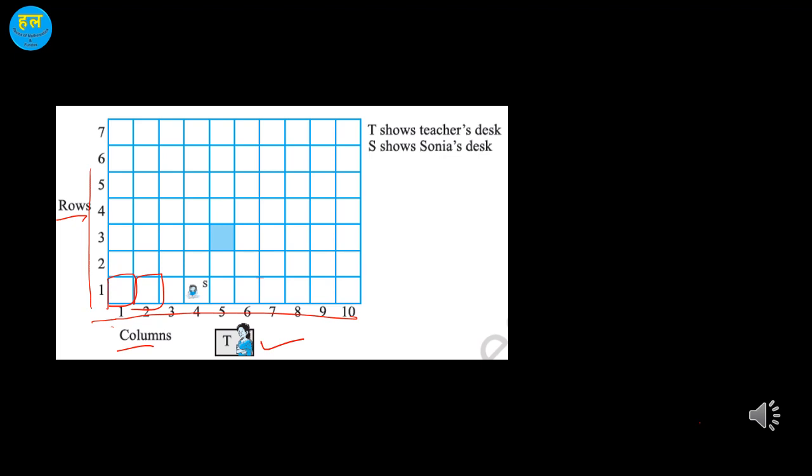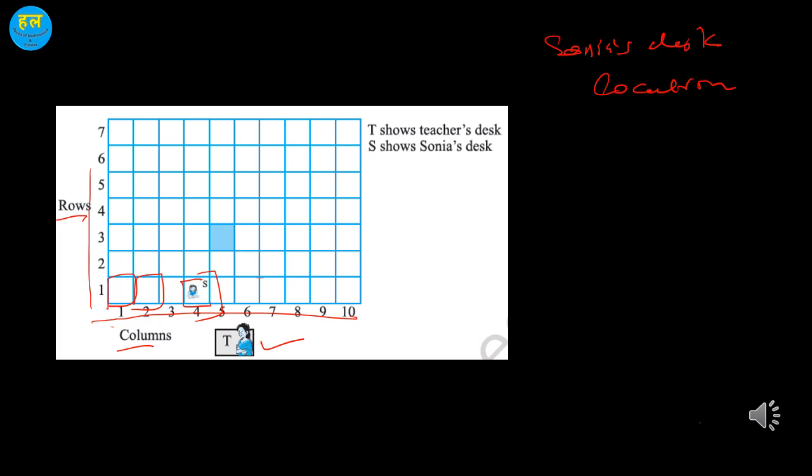Now if you want to show this student named Sonia's desk location, what we'll do is, first we will find out on this seating plan where Sonia sits.